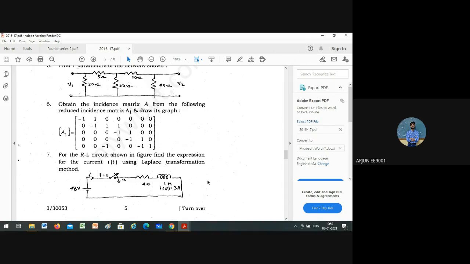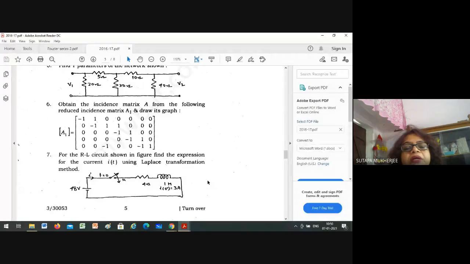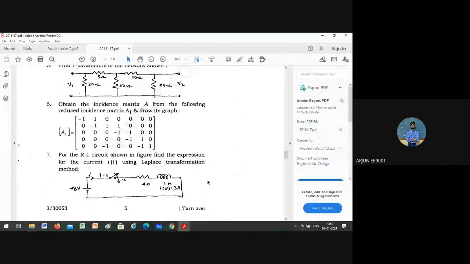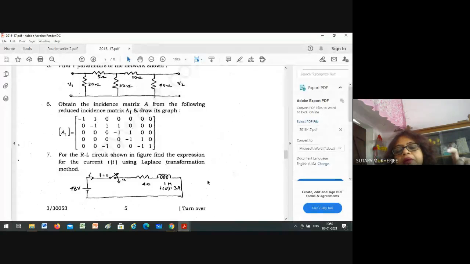So we have to just add a row to make the summation of each column 0, that is, the addition of all the elements of a particular column will be 0.